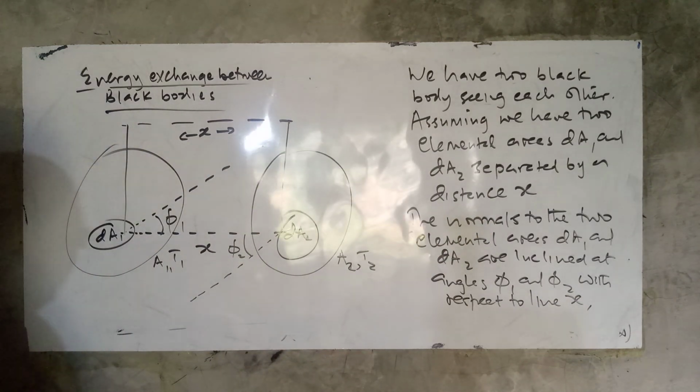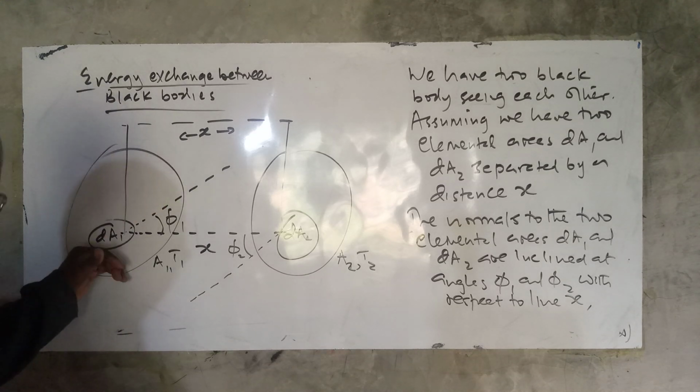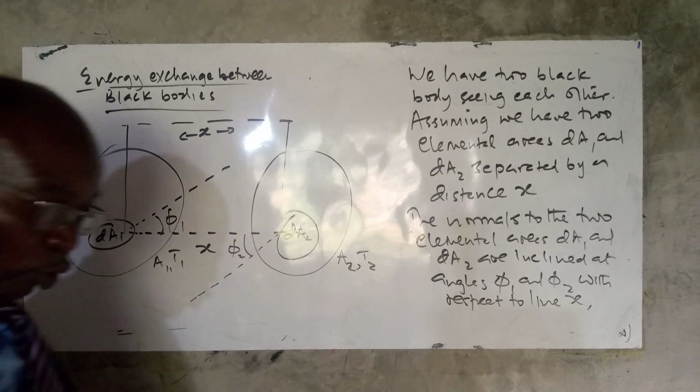Very important that the normal is inclined through an angle phi 1 for elemental area 1, and phi 2 for elemental area 2.